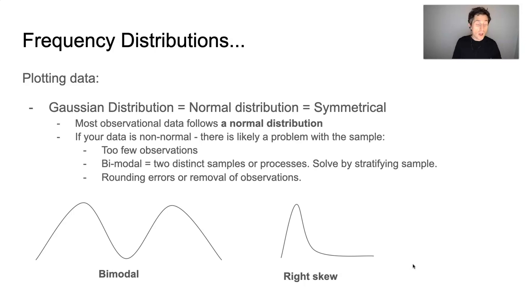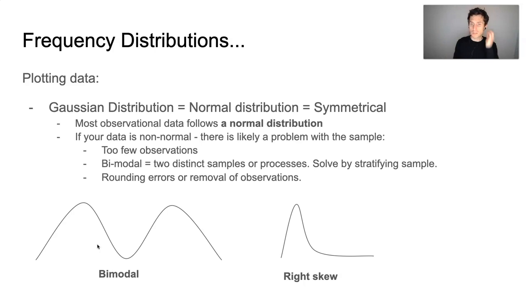We don't have enough so that the data, if it were truly representative of a population, when plotted, would look normal. And so when we don't have enough observations, or when we have two distinct samples, what we might come up with is something that maybe looks bimodal. That is, we have almost two naturally occurring or two normal distributions side by side.